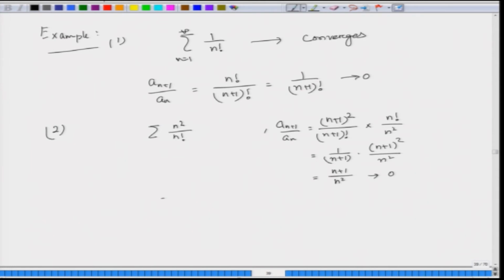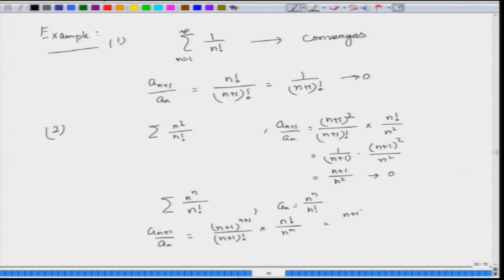Now, what about n to the power n by n factorial? Now, a_n is equal to n^n by n factorial. So, a_{n+1} divided by a_n is equal to (n plus 1)^(n+1) by (n plus 1) factorial, into n factorial divided by n^n.